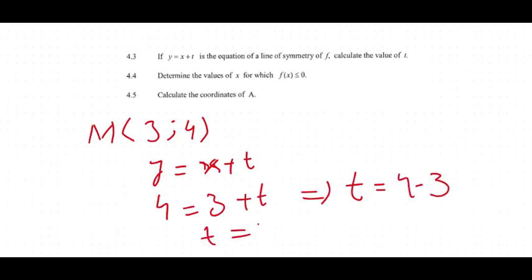Determine the value of x for which f of x is less than or equal to 0. We have to find at what value of x the function is less than or equal to 0.